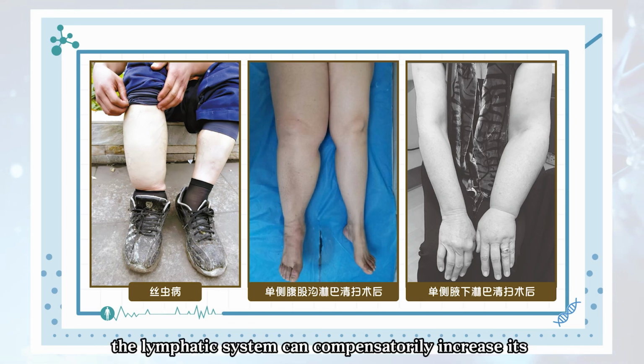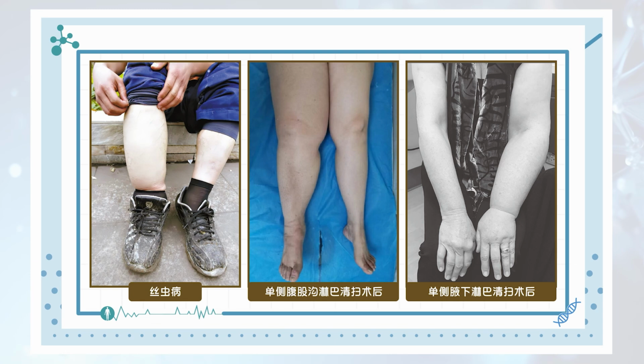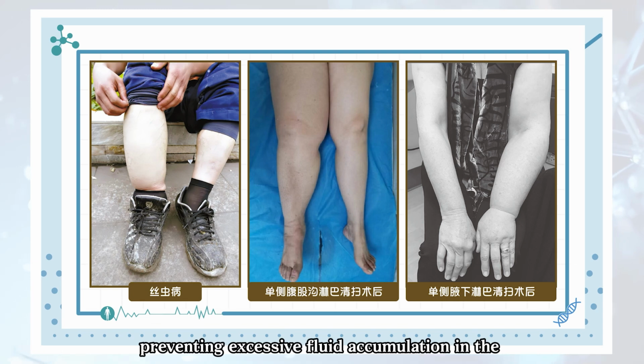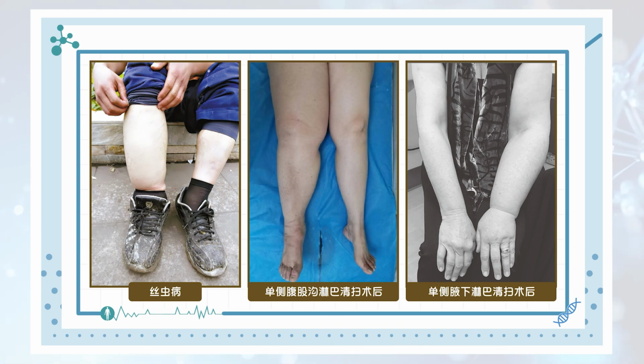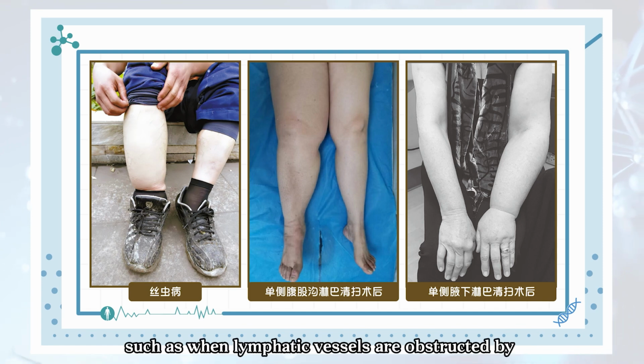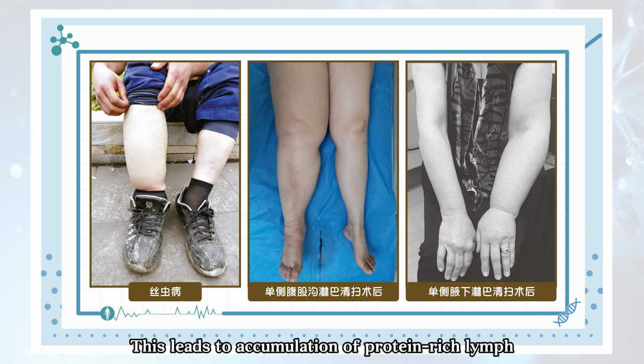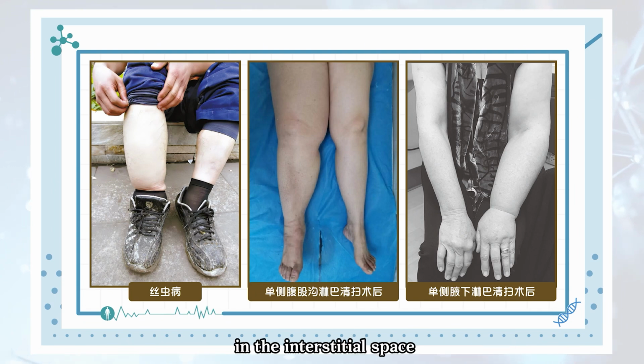Additionally, the lymphatic system can compensatorily increase its drainage when interstitial fluid formation increases, preventing excessive fluid accumulation in the interstitial space. However, under certain pathological conditions, such as when lymphatic vessels are obstructed by filarial parasites in patients with filariasis, lymphatic drainage is impaired. This leads to accumulation of protein-rich lymph in the interstitial space, resulting in lymphedema.